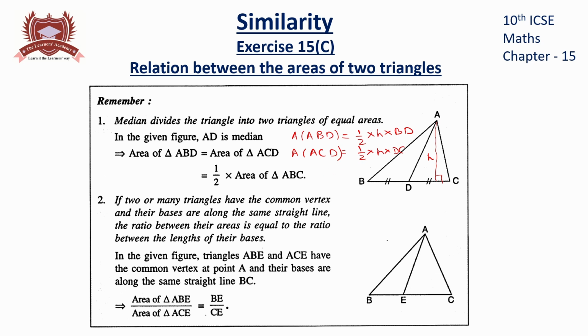But DC is equal to BD, we already know, because D is the midpoint of BC. So therefore, since these three quantities are the same, the areas would be equal.